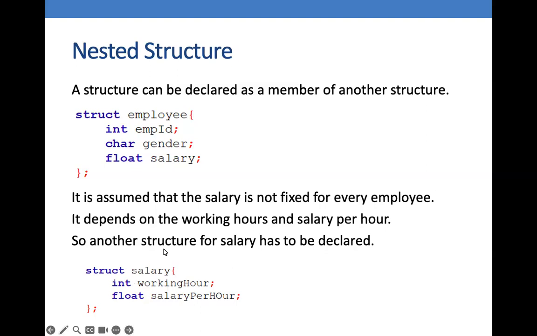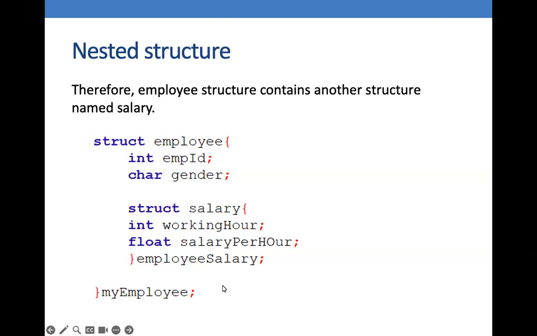So this is the structure for salary, struct salary, and then the members will be the working hour and the salary per hour. Since we have said here that the salary is not fixed for everyone and it is dependent on the working hours and the salary per hour, what we can do is nest the structure salary that we created into the employee structure that we have previously created.